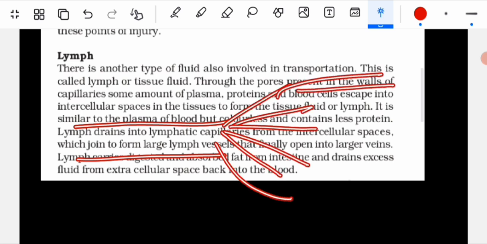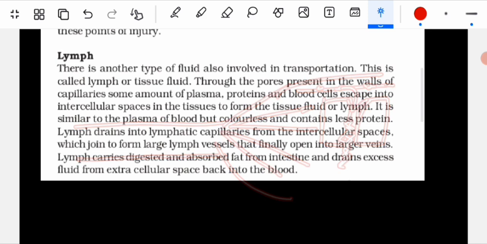When the capillary flows through all the cells, there must be a supply of materials and an exchange of materials, and it has some pores. Some of the plasma, proteins and blood cells escape from the pores and go between the cells, into the intracellular space, and that is called tissue fluid or lymph.